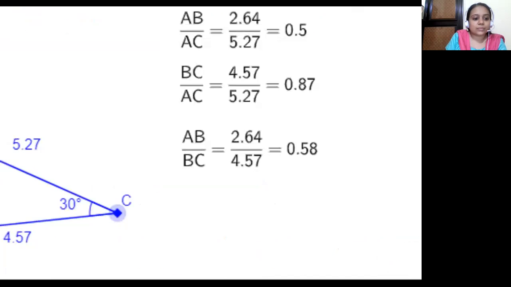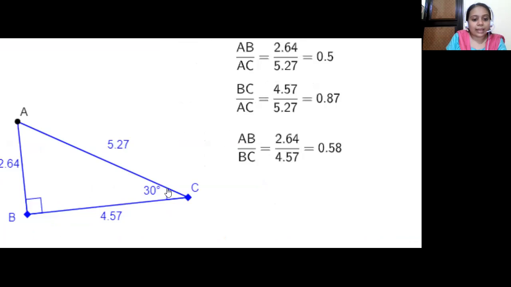Yeah, so we know to label, and let's look at this. Yes, here a triangle ABC. Here the sides are given and the acute angle is 30 degrees. Yeah, the other angle is 90 degrees, of course, in a right angle triangle.